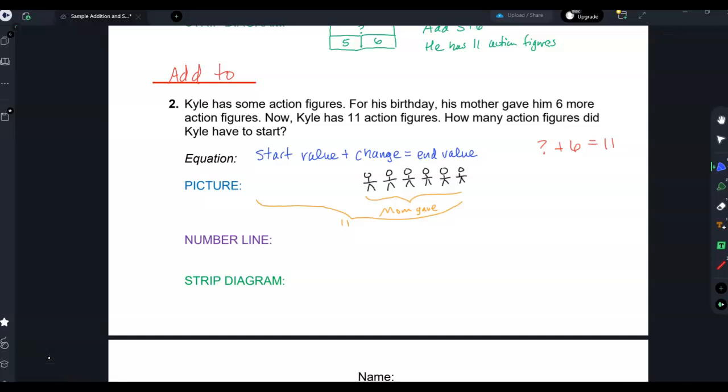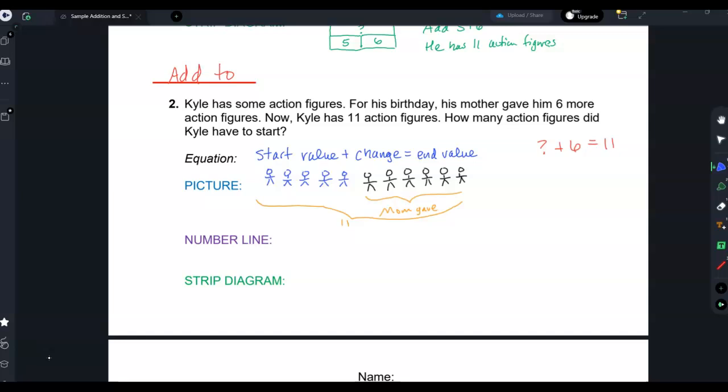So I've got mom gave 6, and I know I need to get to an ending value of 11. So let's just keep adding to that. So let's see, this is 7, 8, 9, 10, 11.